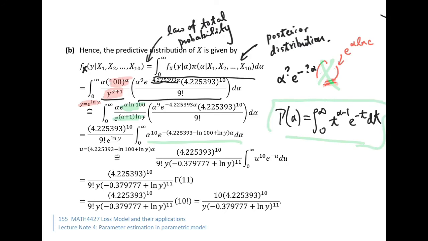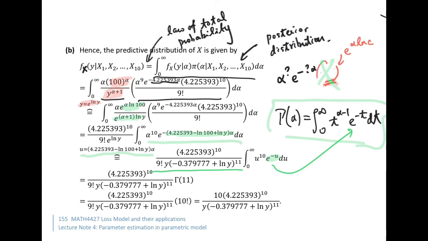Again we use the change of variable, letting u equal to this number, so that you can turn this into a single term like that, which matches the term in your gamma function. Because the term is a little bit messy, just do the calculation carefully, and this is basically what you get.